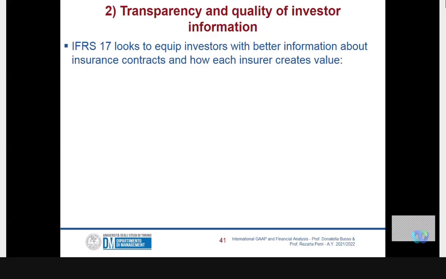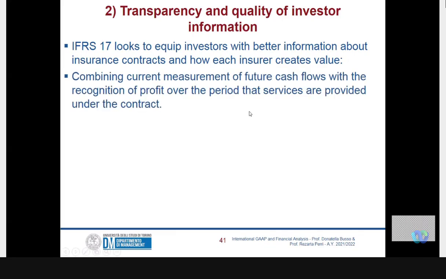We can never emphasize enough the importance that IFRS have for the investing opportunity, analysis and interpretation. Now, IFRS 17 looks to equip investors and to give them better information on how each of the companies creates their value, how much money they generate from premiums, how much money they are expected to pay, and what is left. That means the expected profit from each of the contracts.